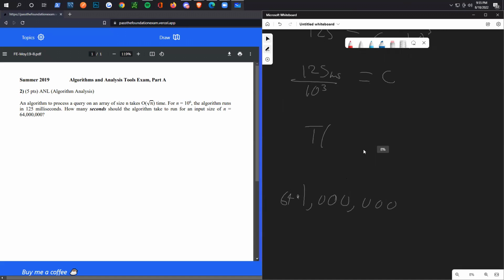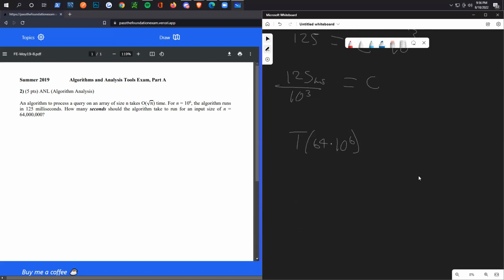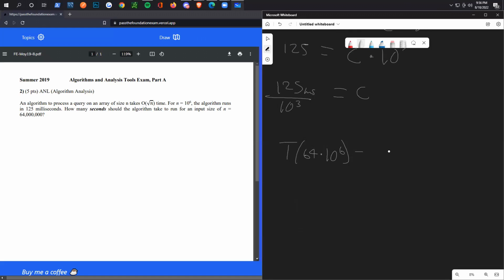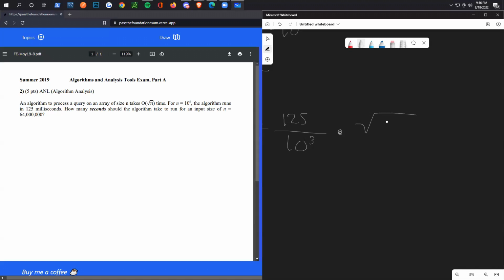So what I'm going to end up doing is just rewriting this as 64 times 10 to the 6. This is equal to 125 over 10 to the 3 times, and now at this point we're plugging in n squared, where n is just going to be 64 times 10 to the 6.